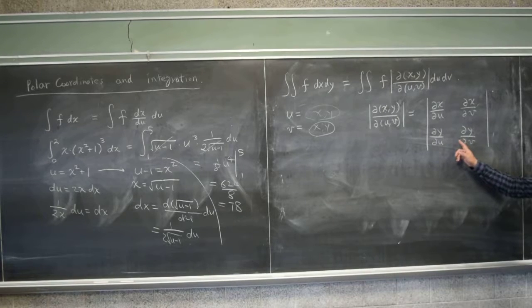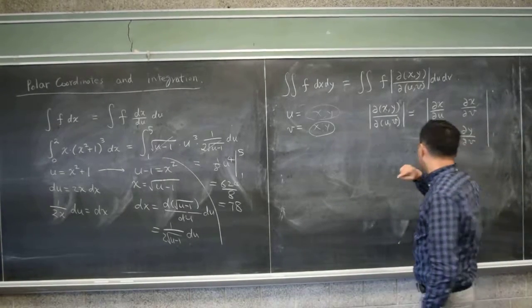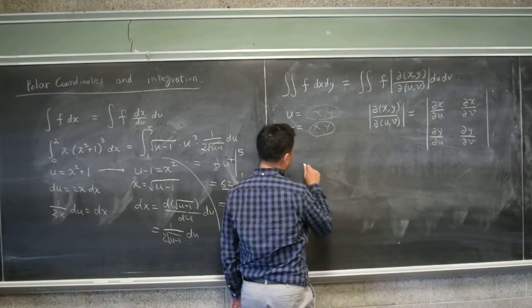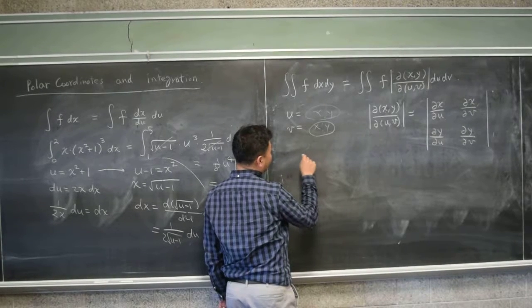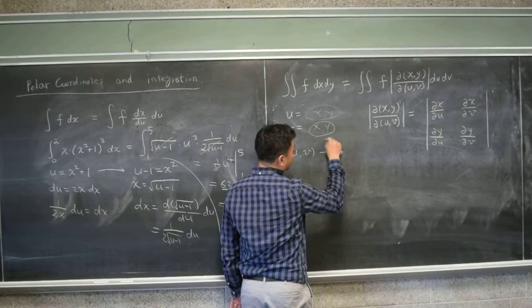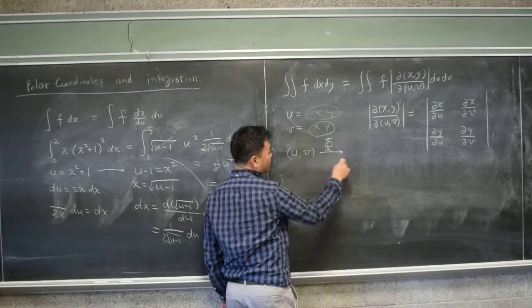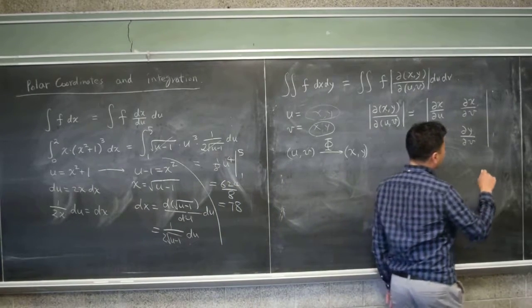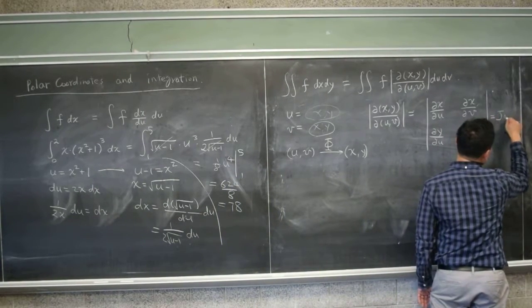And there's a name for this thing. This is called the Jacobian of the transformation. If you think about the function, some kind of transformation that sends u and v into x and y, this thing is called the Jacobian of the transformation.